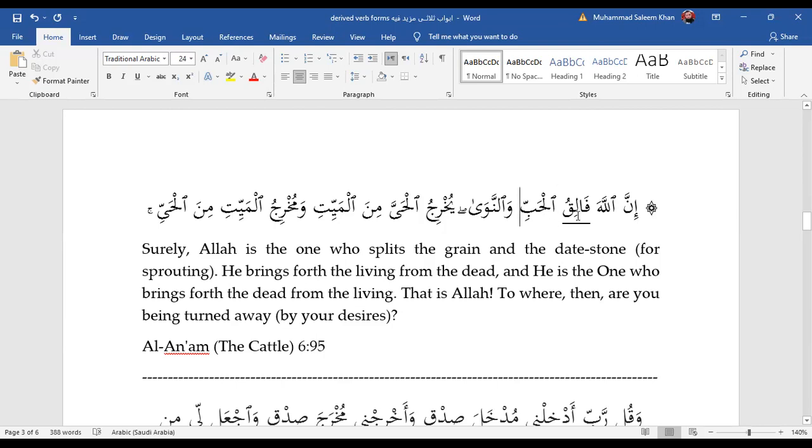For two reasons. The first one doesn't have al and doesn't have tanween, and the second one has kasra. Also, we can see that the second one is a definite noun and the first one is a common noun, and we know the combination makes it mudaf mudaf ilayh. Excellent.